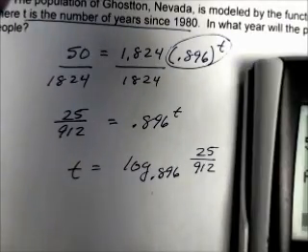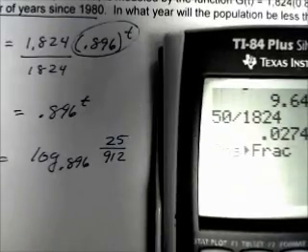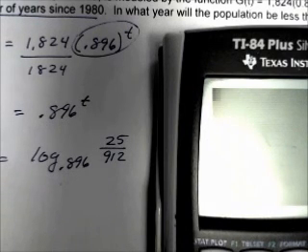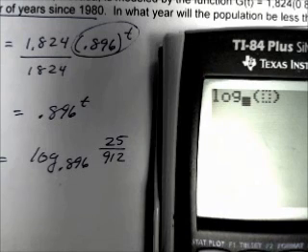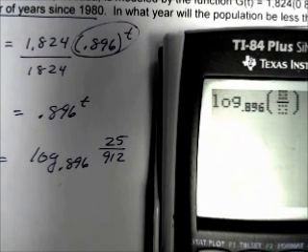So keying into the calculator, alpha window number 5, we have log base 0.896 of this fraction. Alpha y equals, for fraction, 25 over 912.